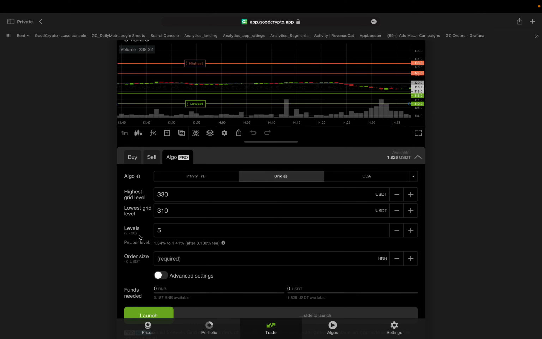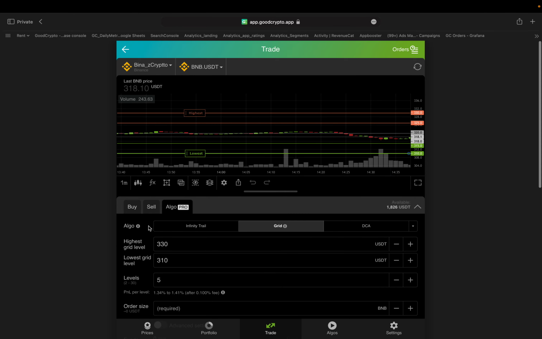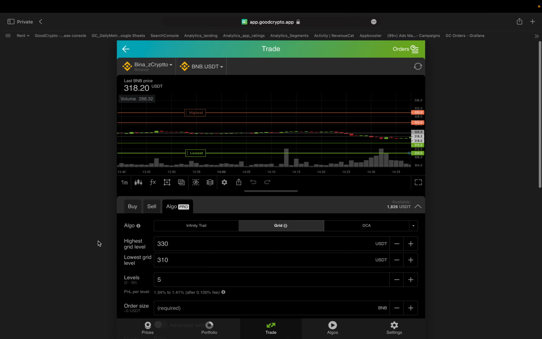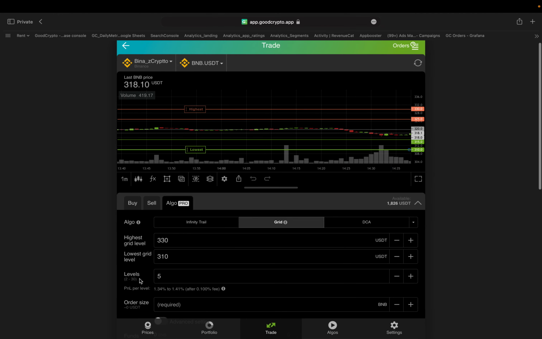The maximum amount of levels might vary for different instruments or exchanges. For Binance Spot, the maximum amount of levels for a grid is 30. For most of the other exchanges or instruments, for derivative instruments on Binance, for example, the maximum number of levels is 50.